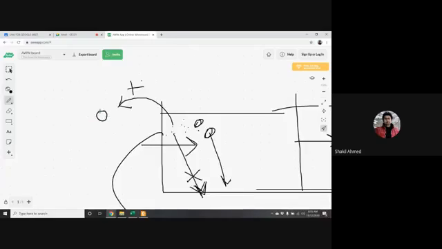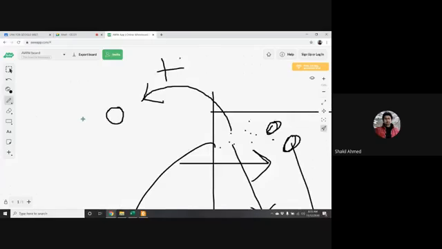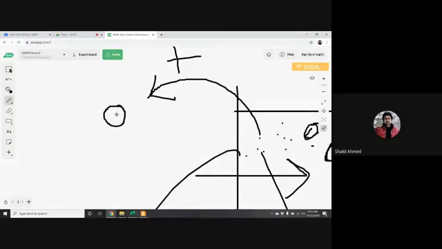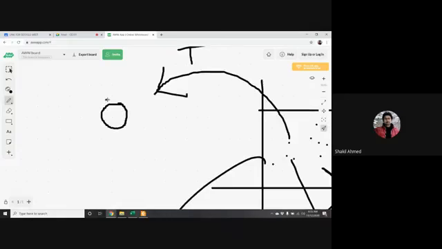I'm talking about these smaller particles. I've zoomed in, okay? These particles are surrounded by negative charge. Similarly, another particle here is also surrounded by negative charge.